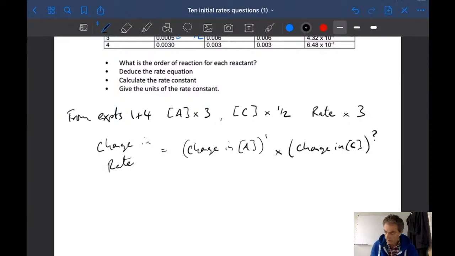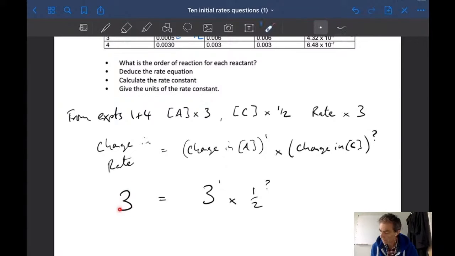We know that the change in rate was 3. We know that the change in the A concentration was 3, and that's power 1 because it's first order. Change in C was a half, and that's raised to an unknown power at the moment. So basically, what does that question mark have to be to give us this answer of 3? This answer here needs to be 3.